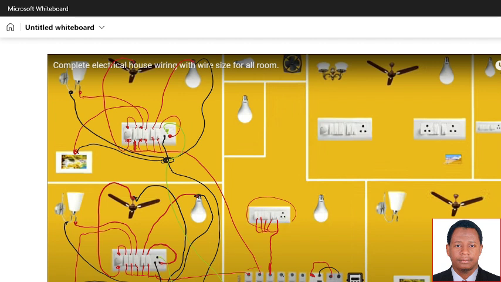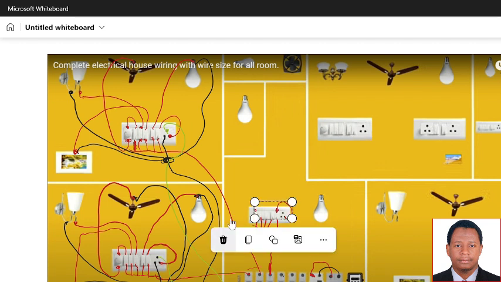Now we have this one. This switch is going to control our socket. Now this switch is going to be connected to the one terminal of our socket here. Now we take this one.